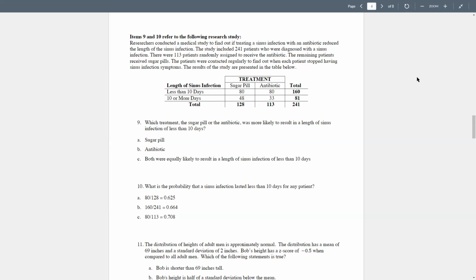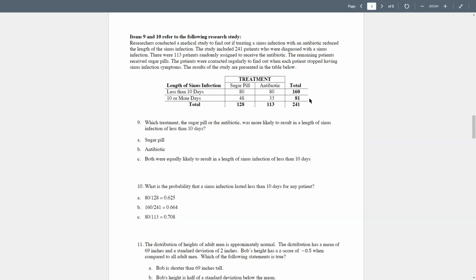I think it's because the percent of total less than 10 is greater for the antibiotic.